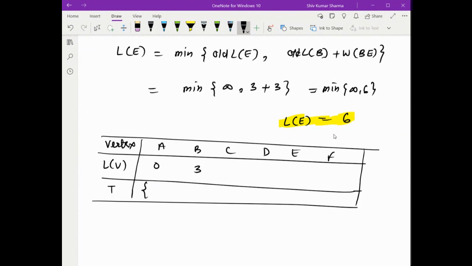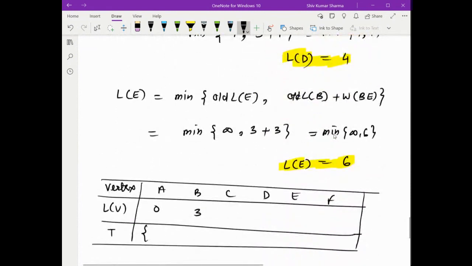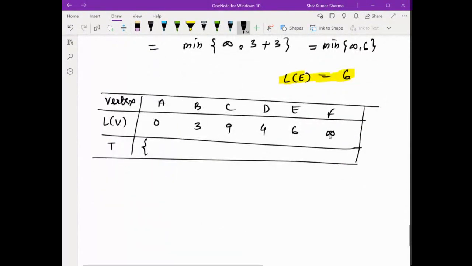Now we write the new levels. That means level of C is 9, level of D is 4, level of E is 6, and level of F is infinity. Here we do not write A, B, so we start with C, D, E, and F, because both vertex A and B have the permanent level.